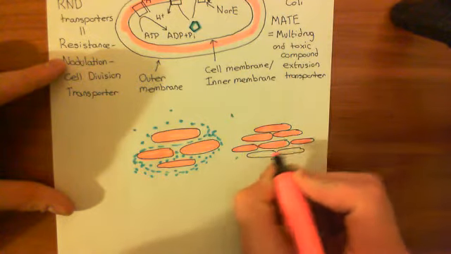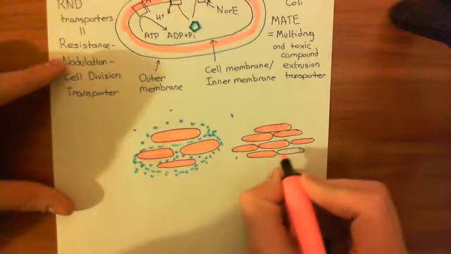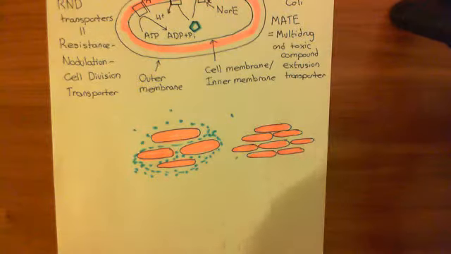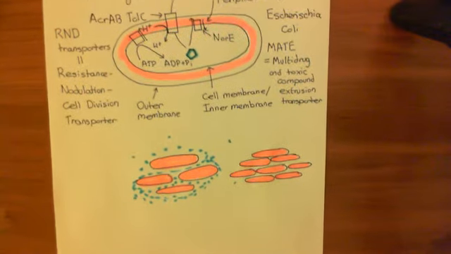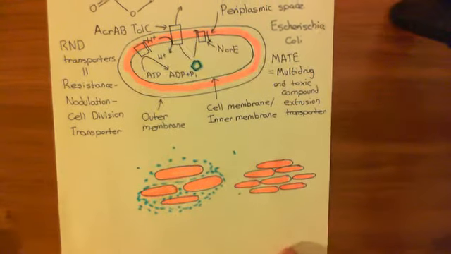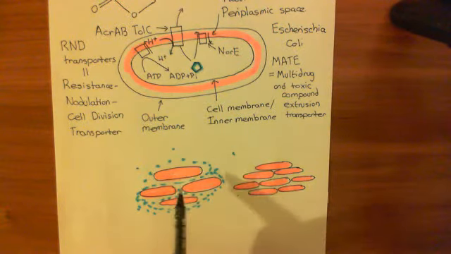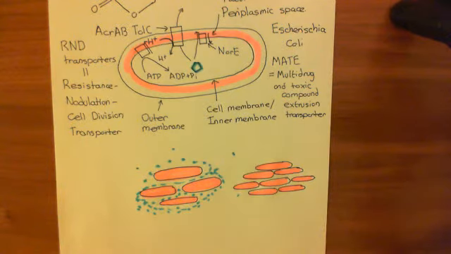Okay, in contrast, if you upregulate the expression of these AcrAB, TolC, and NorE transporters, then they will all transport more N-acyl homoserine lactone molecules out of their cytoplasm. So each one will secrete more N-acyl homoserine lactone molecules, and at a certain density, the density of N-acyl homoserine lactones in these bacteria with this upregulated expression of AcrAB, TolC, and NorE will be greater.